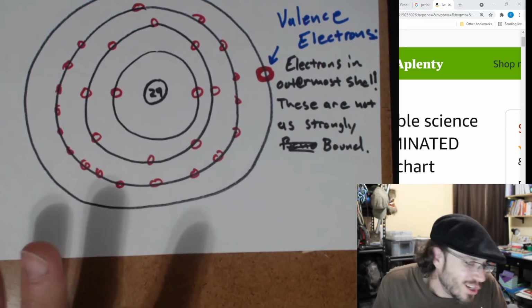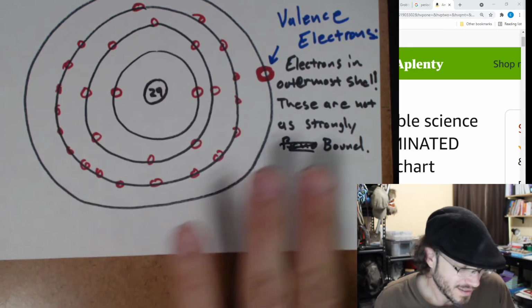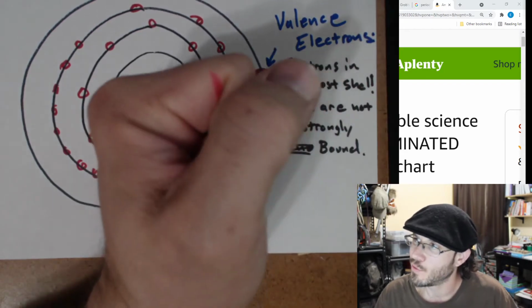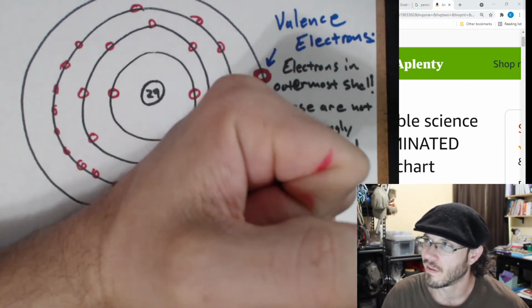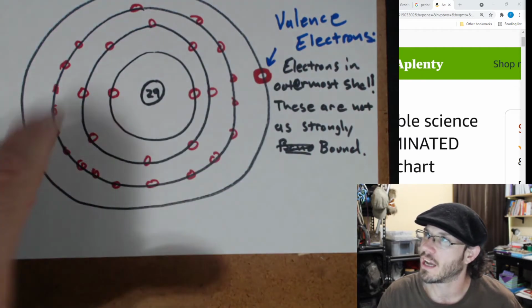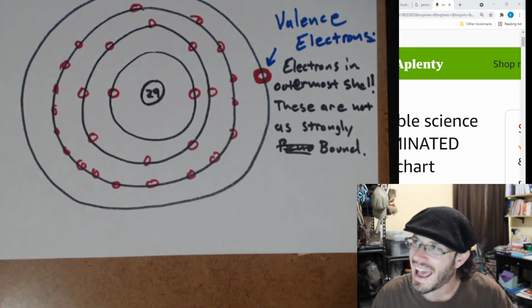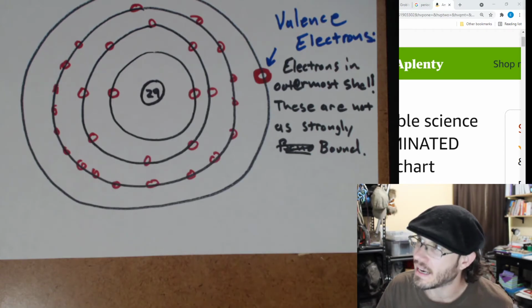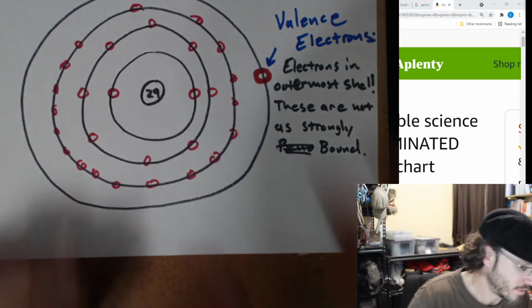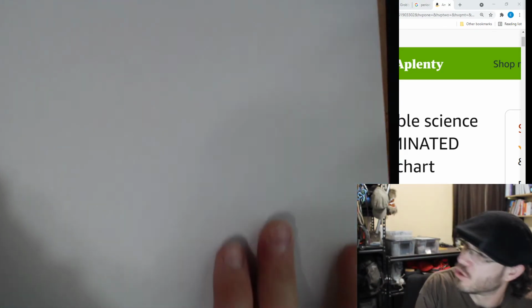Now, as it turns out, not just are the valence electrons the ones that are easy to take away or to give, but the number that we have in the outermost shell actually determines how easy it is to take them away and give them. The easiest way to show you this is a graph.